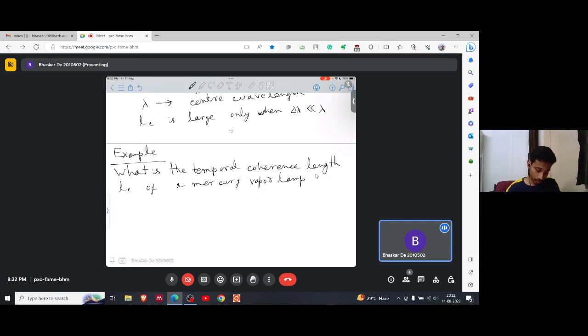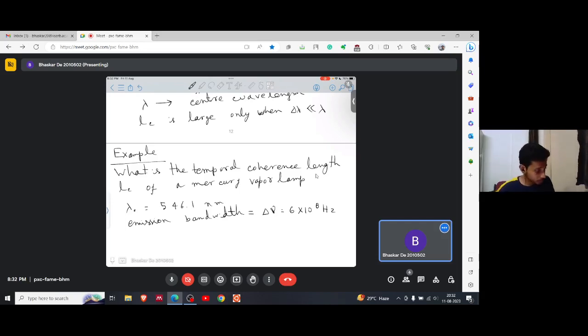The central wavelength lambda naught is given by 546.1 nanometer, and the emission bandwidth delta nu is equal to 6 into 10 to the power 8 hertz.